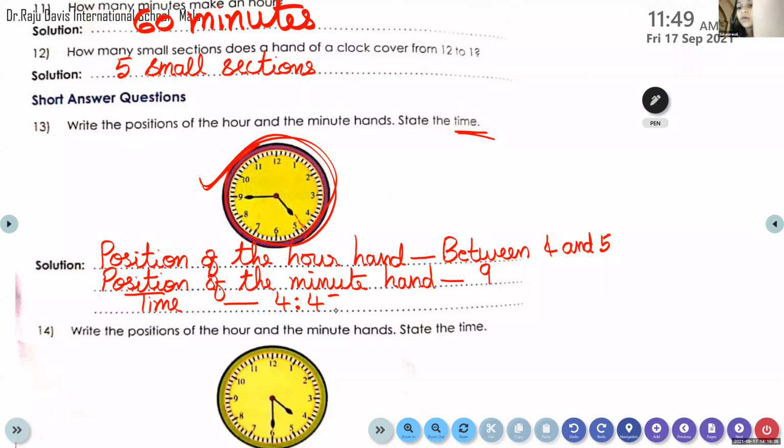Good. The hour hand has not reached 5. It is near 5, so you cannot take 5. You have to take the previous number, that is 4. And the minute hand is at 9. That means you have to multiply with 5 for getting the correct minutes. So 5 into 9 is 45. Good, Suhana.